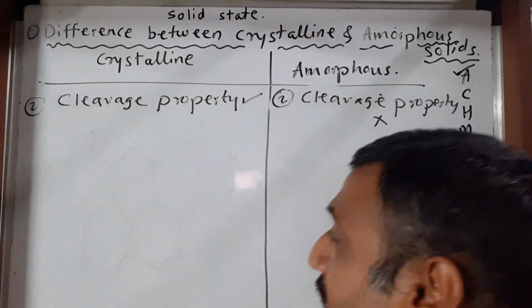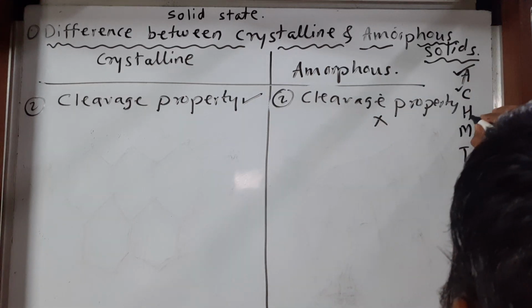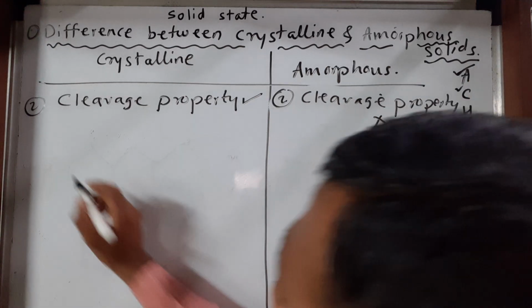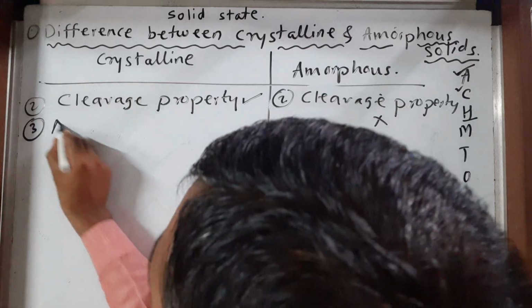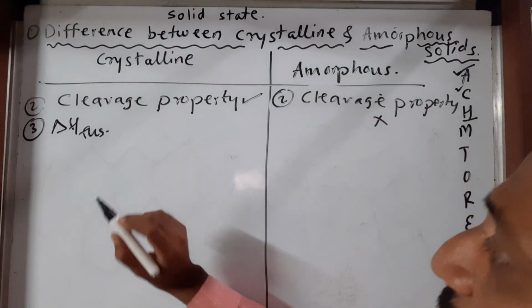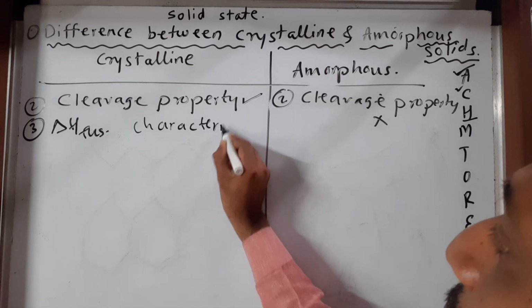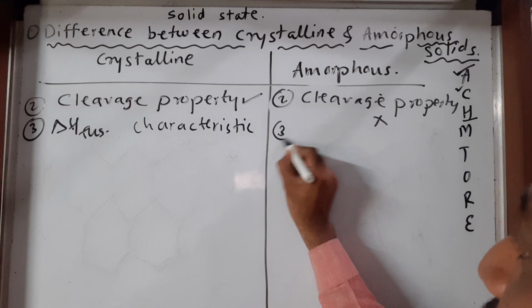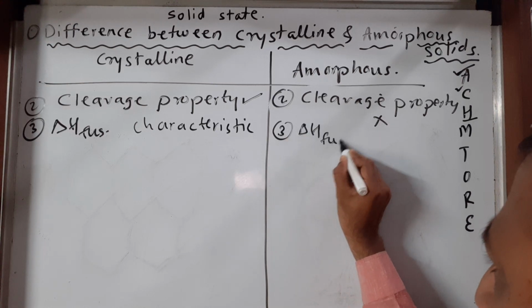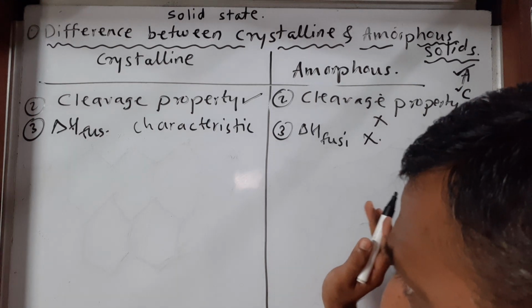Further we will discuss. Now the next point of differentiation, A, C we saw. Now it starts with the H. What is the H? The heat of fusion value, delta H fusion. And here the heat of fusion value is characteristic, and here the delta H value, meaning the heat of fusion value, is not a characteristic one, it is not a fixed one, okay?